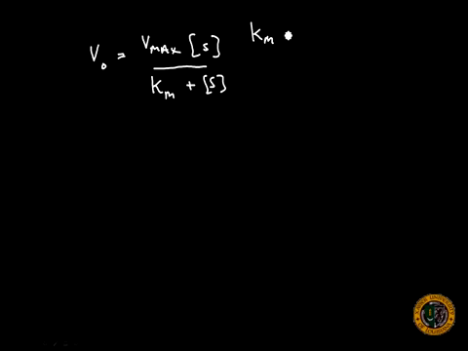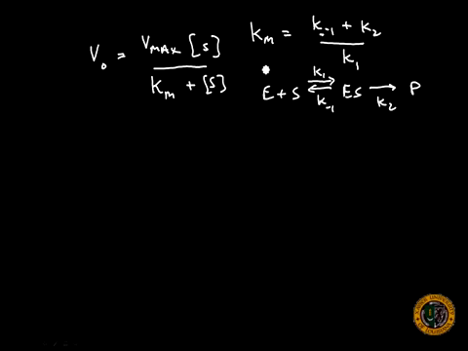Remembering the Michaelis constant relates all those K values, K minus 1 plus K2 over K1. Okay, Km operationally, means in the experiment, the concentration of substrate giving you 50% of the maximum velocity.